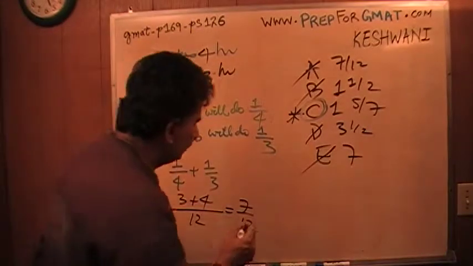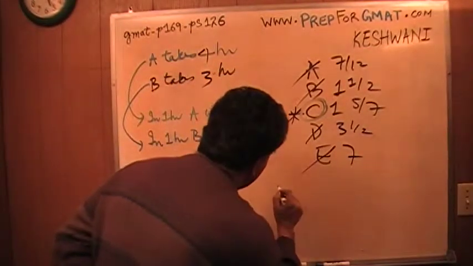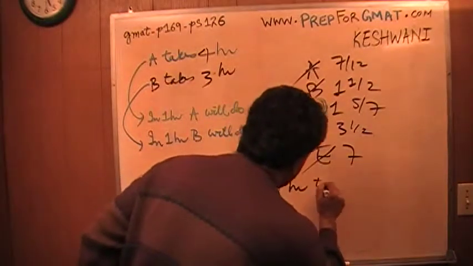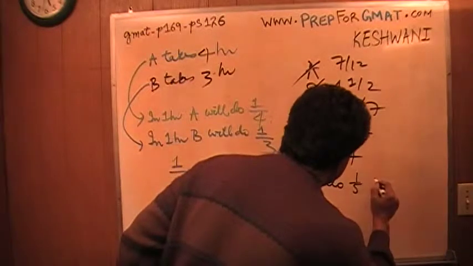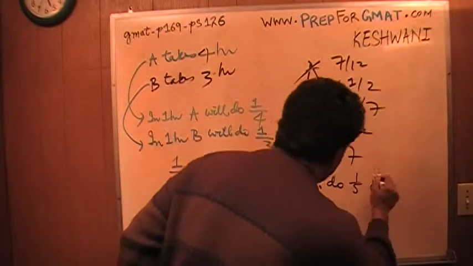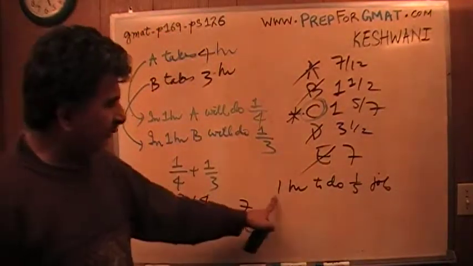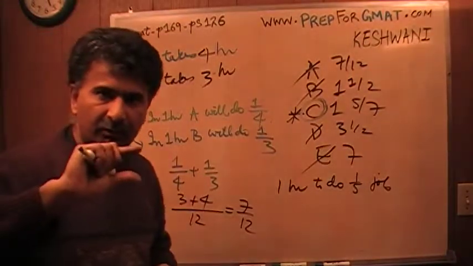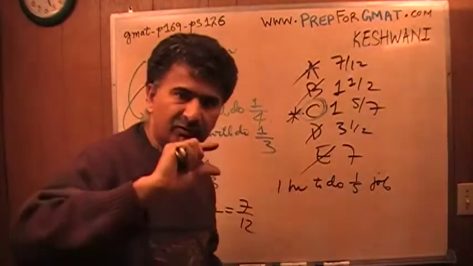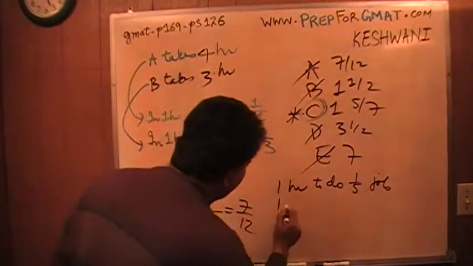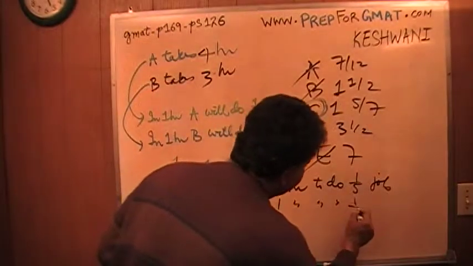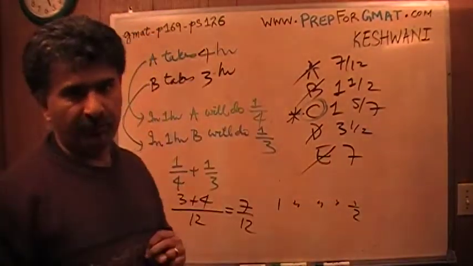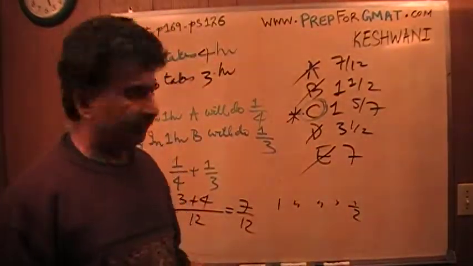Well, if it takes me 1 hour to do a fifth of the job, how long will it take me to finish the job? It should take me 5 hours to do the whole job. And how did you find that? By flipping 1/5 to 5/1. If in 1 hour I did half the job, how long will it take me to do the entire job? 2 hours. How did you find it? By flipping it, by taking the reciprocal. That's what you have to do here.